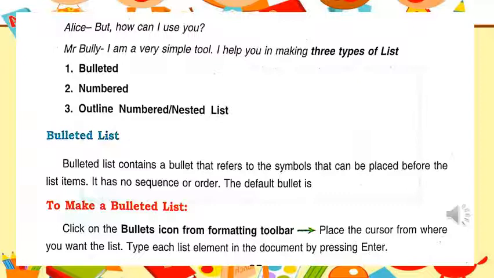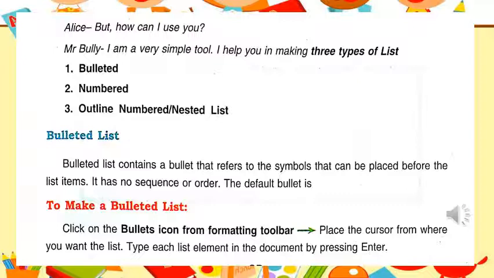Let's see. The first is a bulleted list. The bulleted list contains bullets, which refer to the symbols that can be placed before the list items. It has no sequence or order. To make a bulleted list with the default bullet, click on the bullets icon from the formatting toolbar.